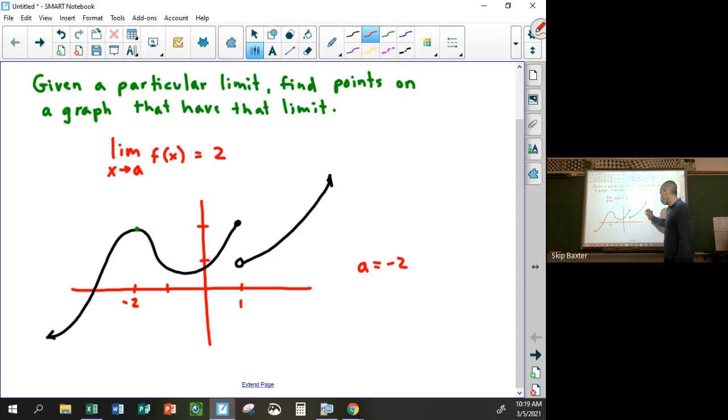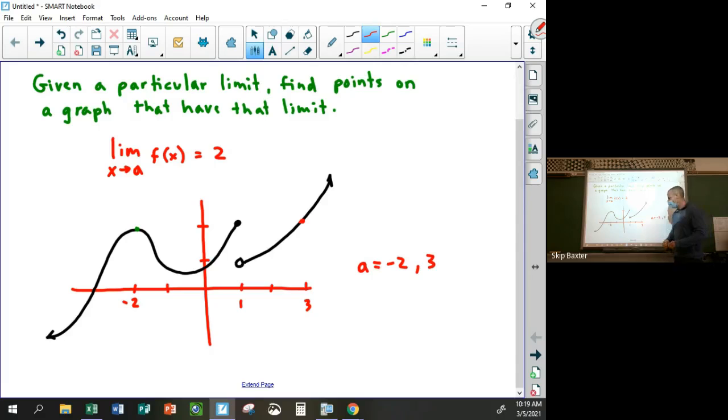If you go further out, there's another x value here, like maybe 3, where it's just a continuous section of the graph. And so it is true at that point, because the limit as x goes to 3 in this case is 2. So the only 2 points on this graph where that statement is true are a equals -2 and a equals 3.